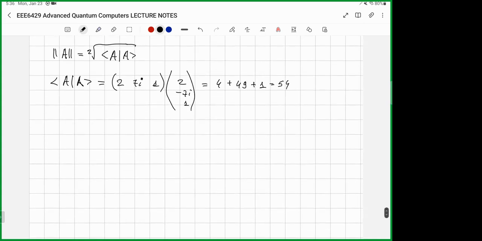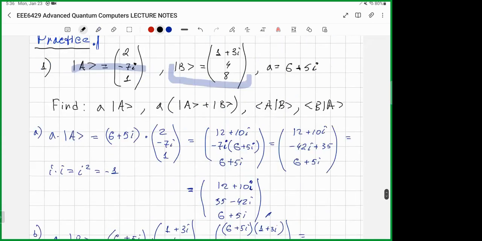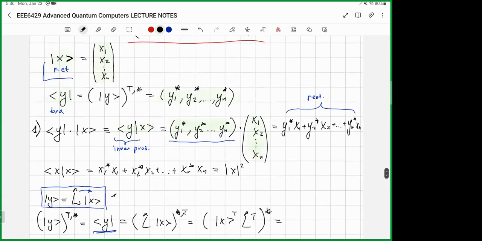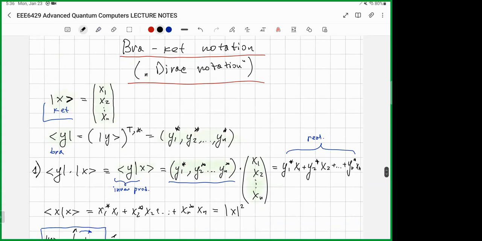Okay, so I have a question about the norm, Professor. Yes. I was thinking that the norm of A should have been a ket vector of A times a ket vector of A. Why does it become a bra and a ket? Let's return to our discussion when we introduced the ket and bra.